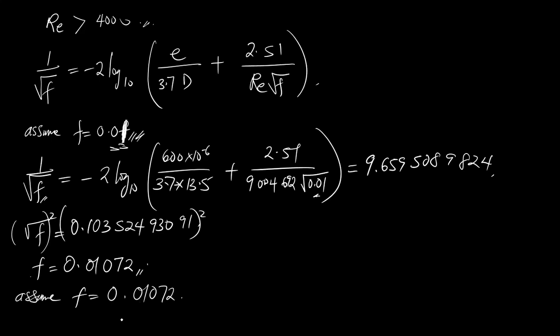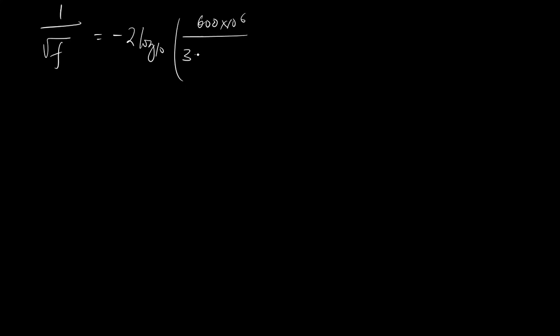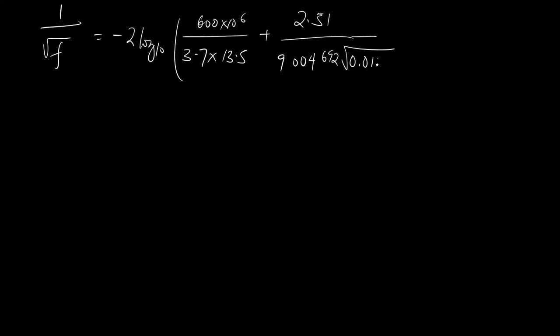Now solve. And let's solve for f again. Now we are going to have 1 over the square root of f equal to minus 2 log base 10 of (e, which is 600 times 10 raised to minus 6, divided by 3.7, divided by 13.5, plus 2.51 divided by 9,004,692 (Reynolds number) divided by the square root of 0.01072).